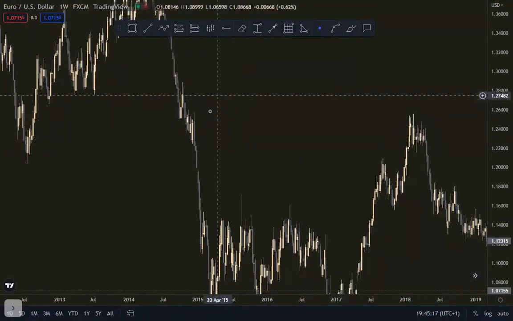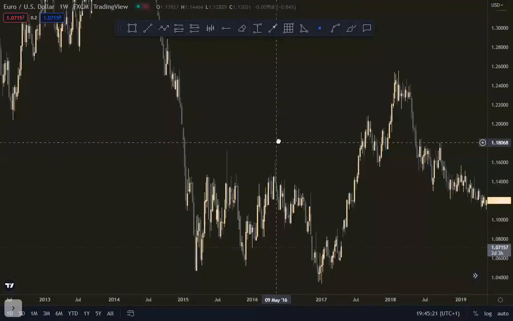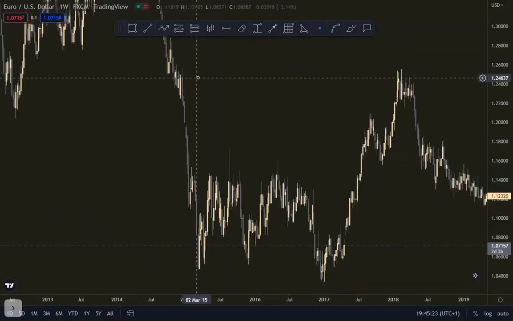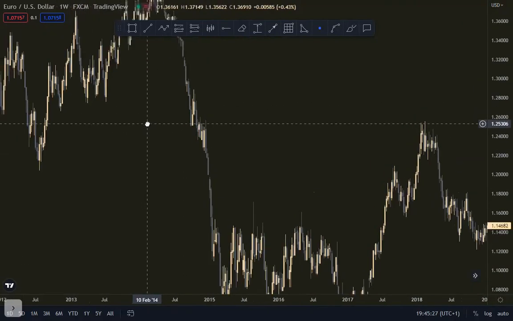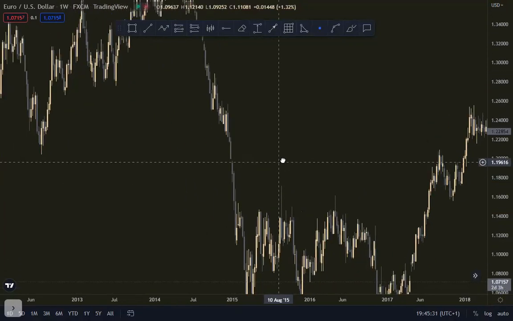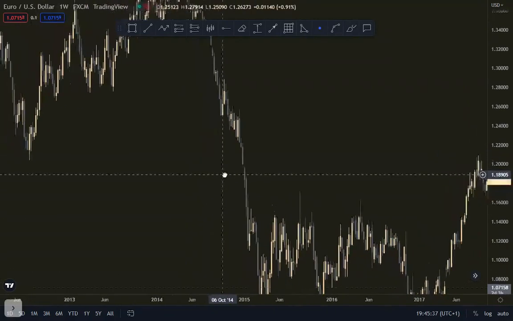So looking for an order block, let's try to identify order blocks. You'd say this candle is an order block, right? It's an inside bar candle.